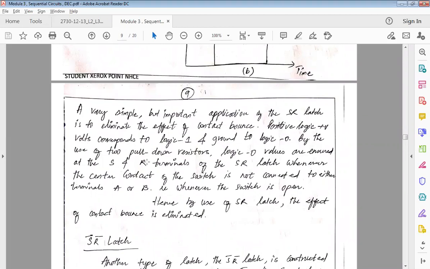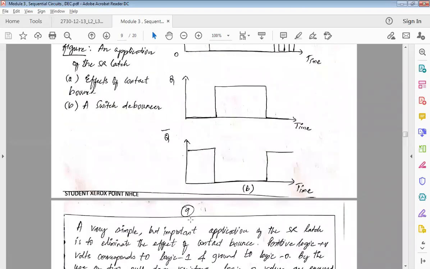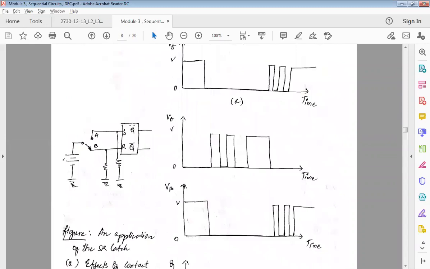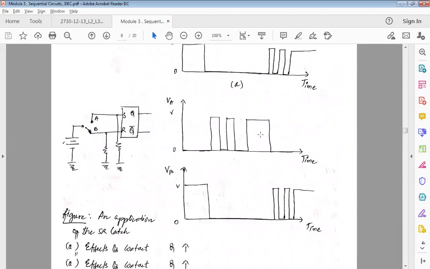By the use of two pull-down resistors, logic values are ensured at the S and R terminals of the SR latch whenever the center contact of the switch is not connected. Whenever it's not connected, these loads will fall onto either of the terminals A or B, that is, whenever the switch is open. Hence, by the use of the SR latch, the effect of contact bounce is eliminated. The main thing you should understand here is that by using the SR latch, these pulses can be nullified.